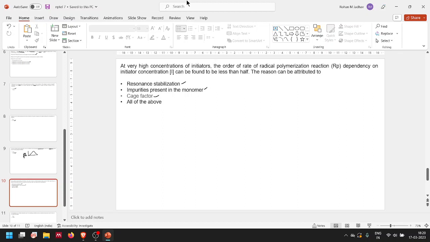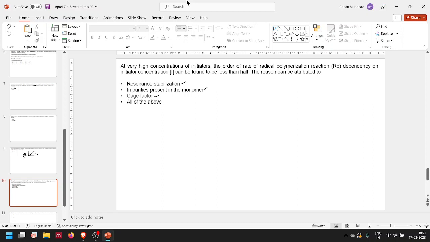So in that case, it is the cage factor, where radicals formed from decomposition of an initiator molecule are surrounded by a cage consisting of solvent or monomer molecules, which is what occurs in a cage effect. Within the cage, recombination of radicals can take place, which can deactivate the reaction. So deactivation of the reaction would be a very undesirable process.